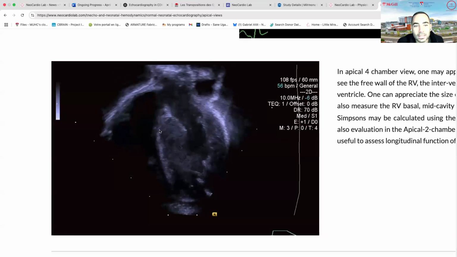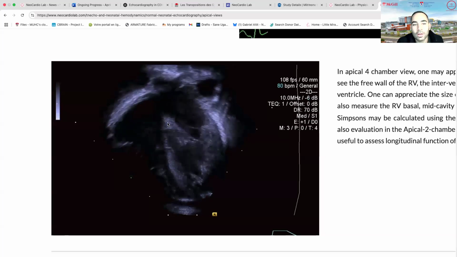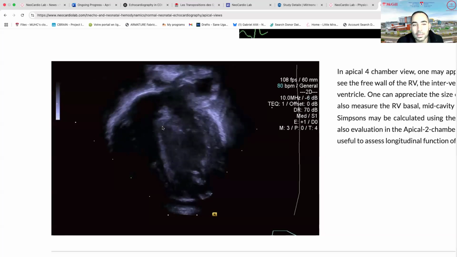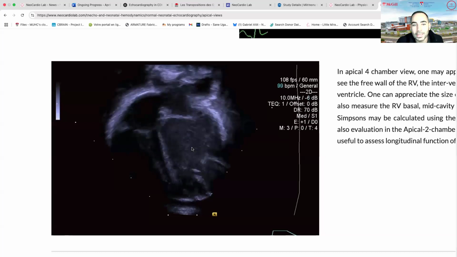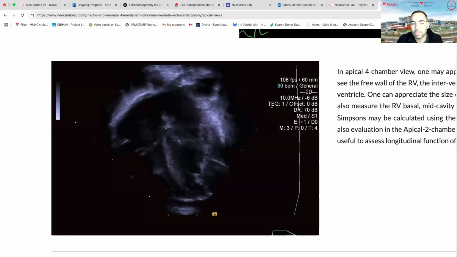So we always have the tricuspid valve a bit lower than the mitral valve in the heart, and we always have a little component of the septum which is shared between the right atrium and the left ventricle. We call this the atrioventricular septum.